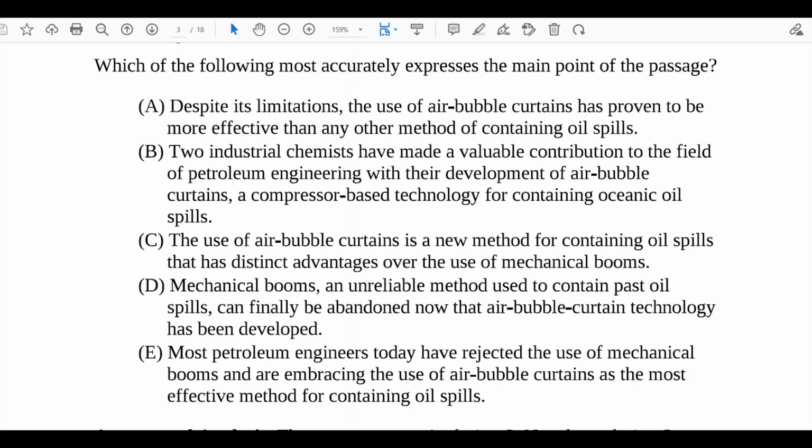This choice takes the basic idea of the passage, which is that air bubble curtains have some advantages over mechanical booms, and states it too strongly. Nowhere does the passage say that booms are unreliable or should finally be abandoned.